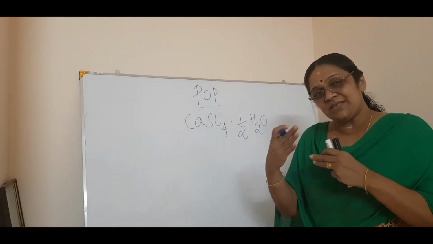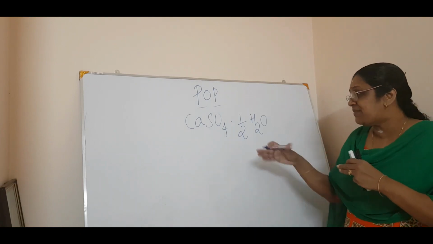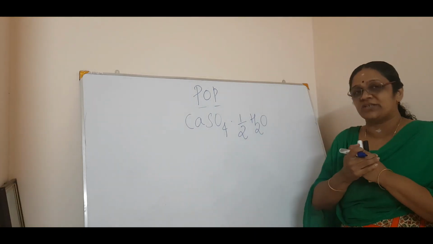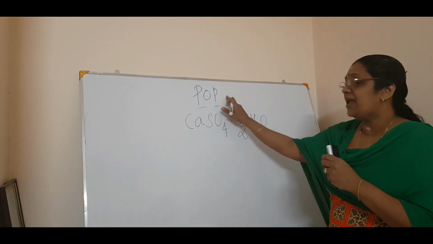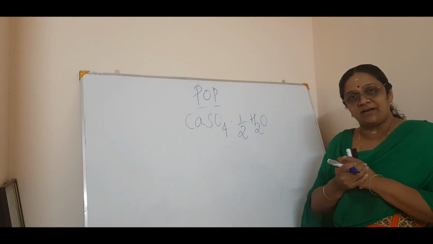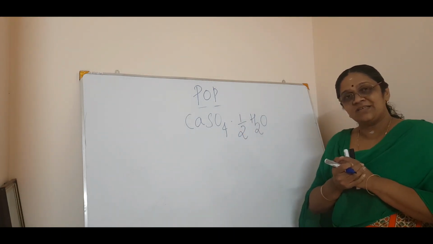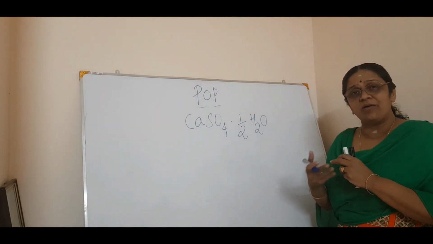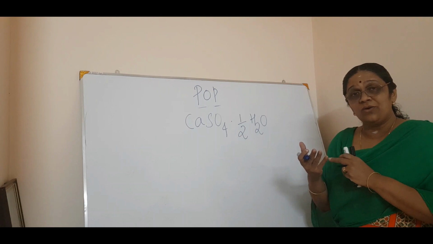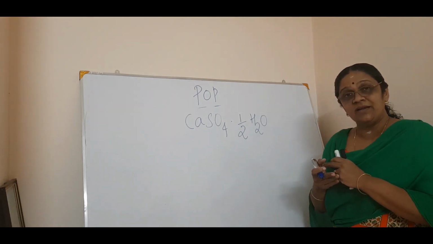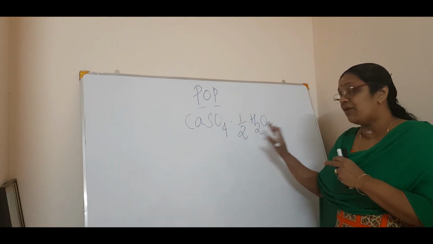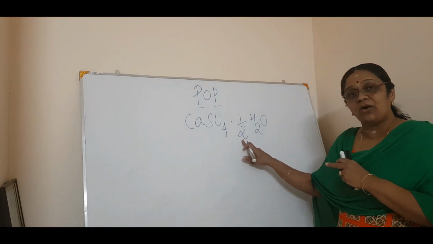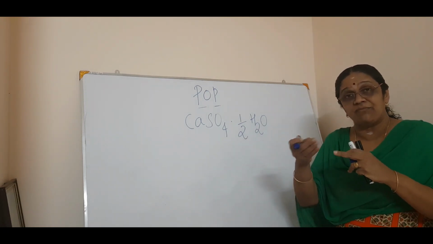Theoretically, if calcium sulfate is mixed with only half a molecule of water, then plaster of Paris is prepared. Got it? Not one molecule. We have heard about 1 molecule, 2 molecules, 3 molecules. We haven't heard about half a molecule, right? So theoretically it needs only half a molecule.